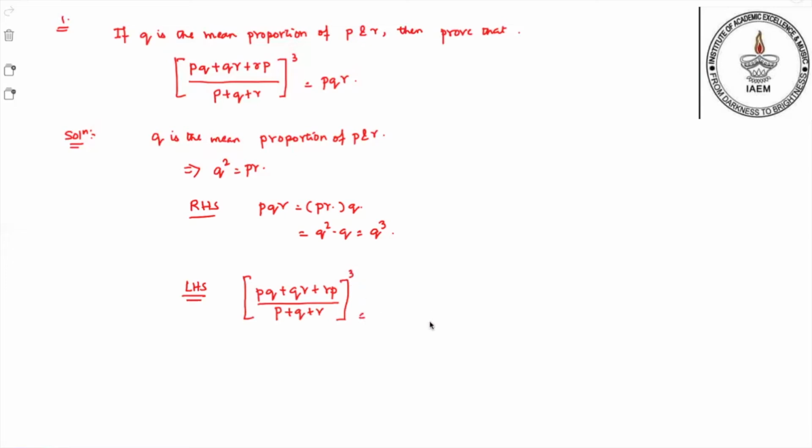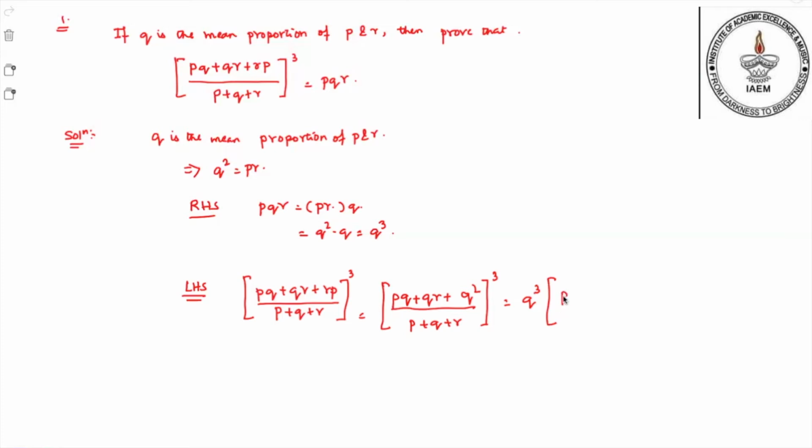So PQ plus QR plus RP can be replaced by Q square, giving Q square by P plus Q plus R whole cube. From the numerator, if we take Q common, Q cube comes out.